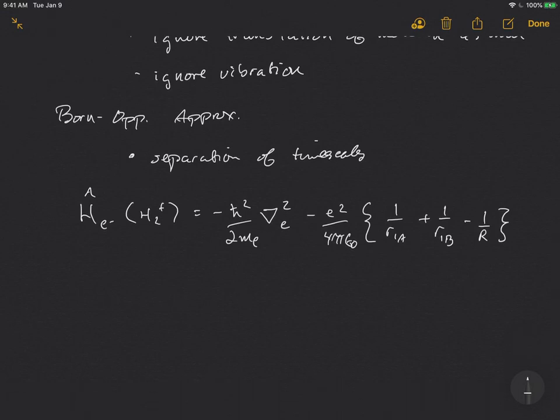So this is a somewhat complicated looking Hamiltonian, but not really more complicated than the helium Hamiltonian, and of course it has the same number of particles as the helium Hamiltonian. One of the features of the Born-Oppenheimer approximation is, since the nuclei are held as fixed within this electronic Hamiltonian, then we're going to treat R as a variational parameter.